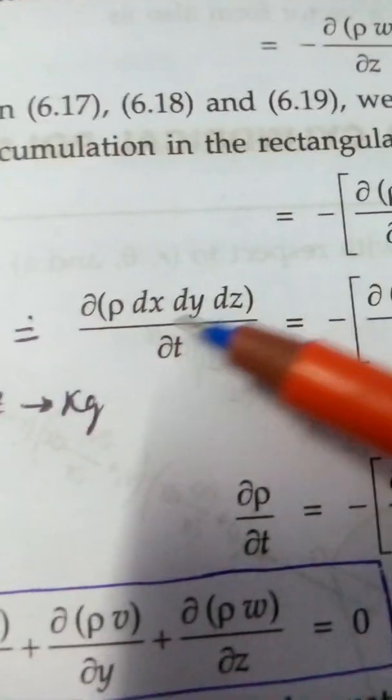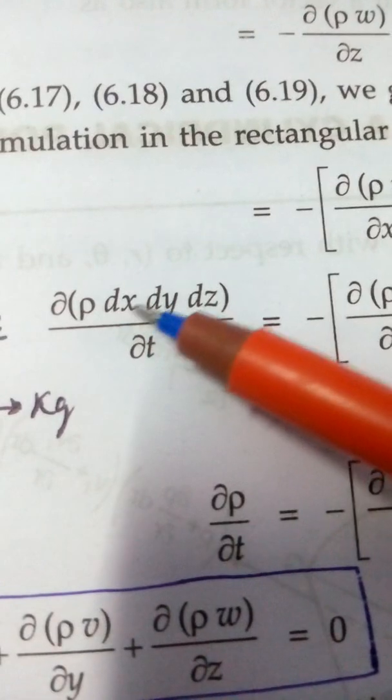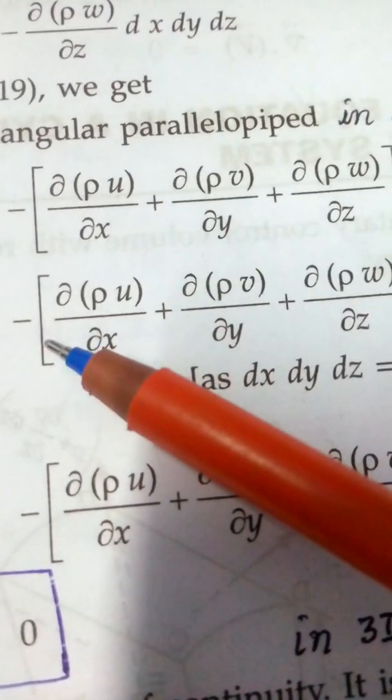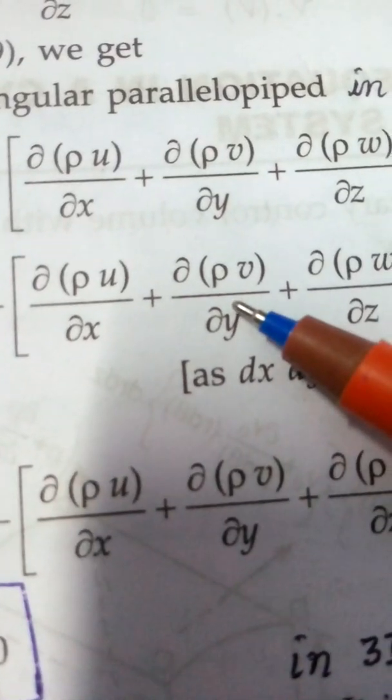This will be equal to del of rho dx dy dz by del t, and that must be equal to what we added in three directions, minus this x direction, this y direction, this z direction, into dx dy dz.